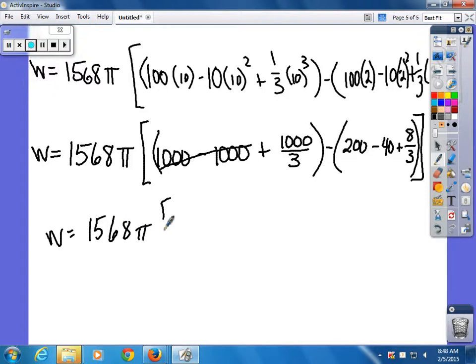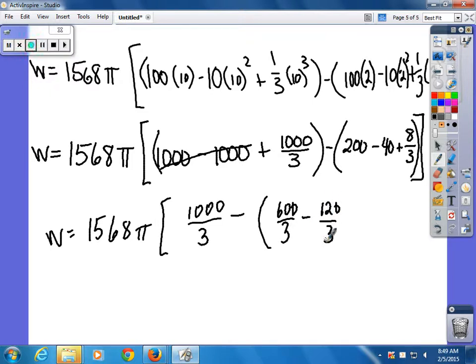And that's going to be 1,000 over 3 minus, and we need to clean up all this. So get a common denominator of 3. So that'd be 600 over 3 minus 120 over 3 plus 8/3.